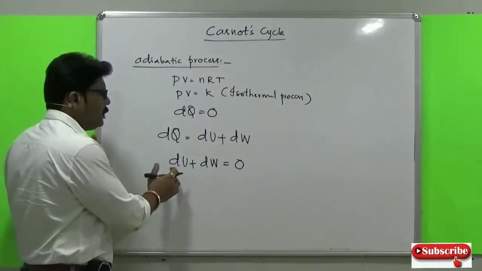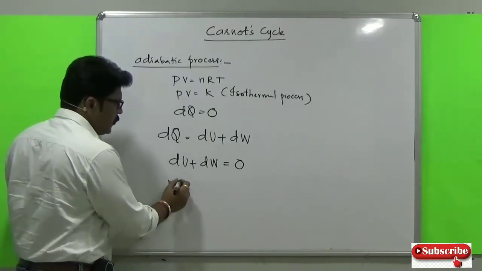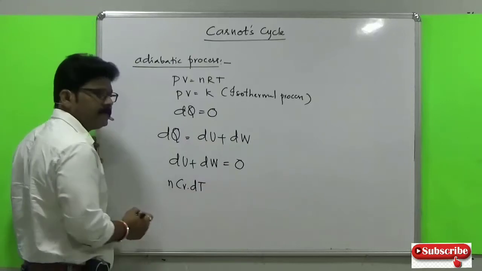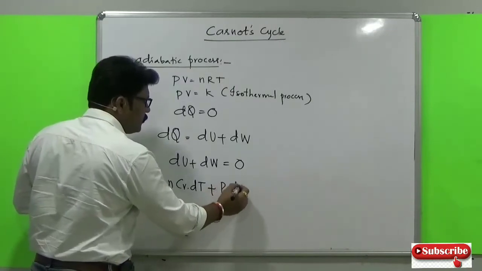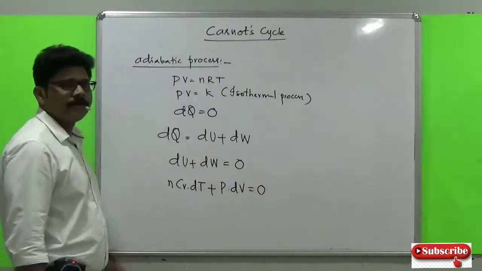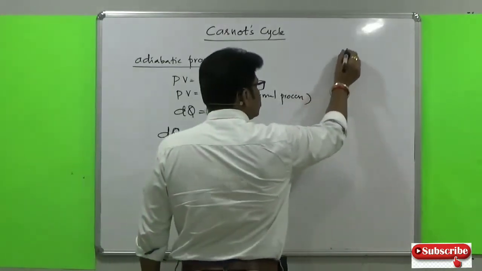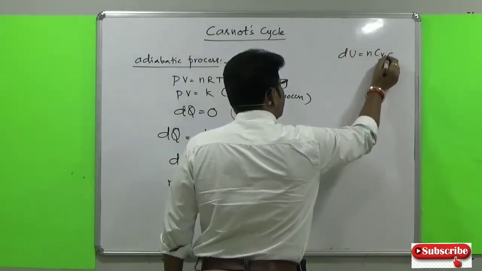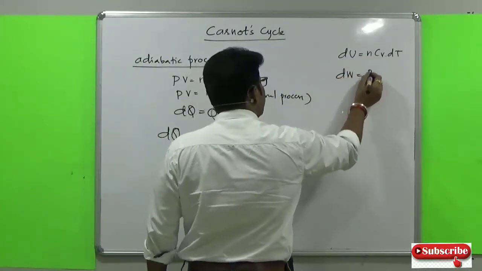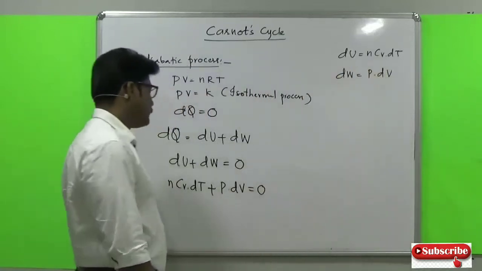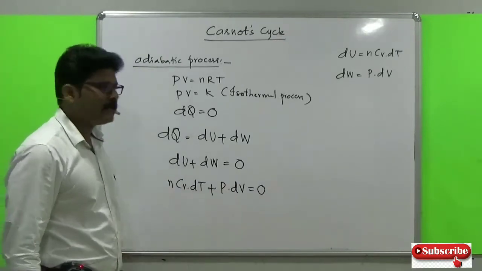Now, what is du? So du is nothing but, just now we discussed, n into Cv into dt. लिख सकता हूँ ना? n into Cv into dt plus dw, क्या लिख सकता हूँ? p into dv equal to 0. देखो क्या क्या चीज इधर we are using. So du is n into Cv into dt. Next we are using dw is equal to p into dv. दोनों यूज करेंगे इधर. अब Cv को क्या लिख सकता हूँ?